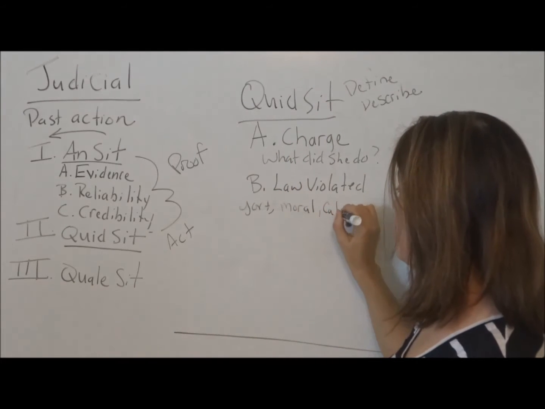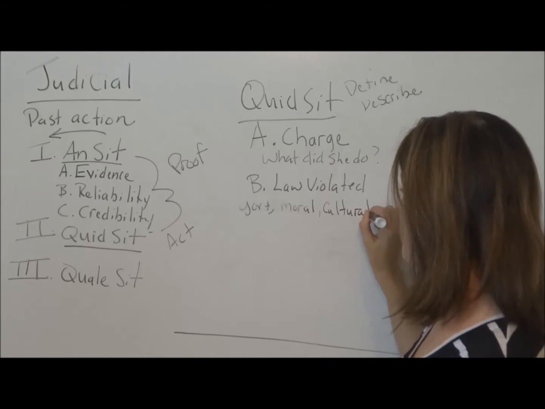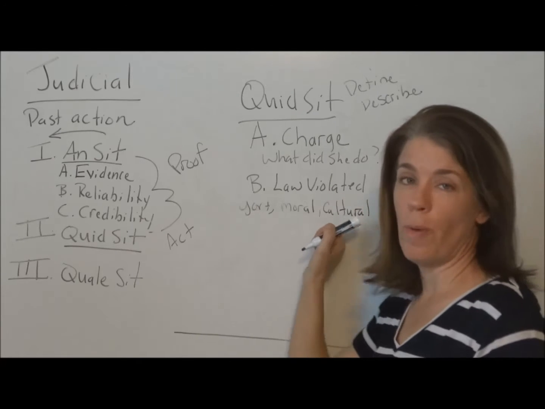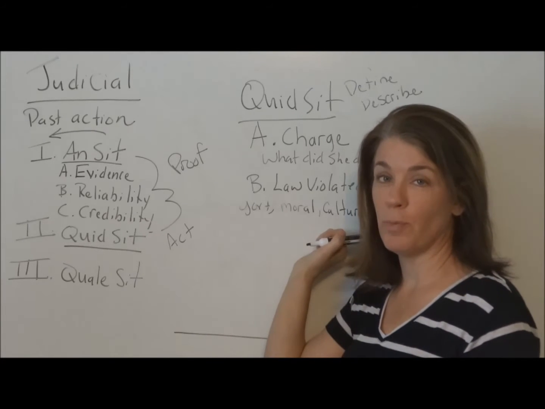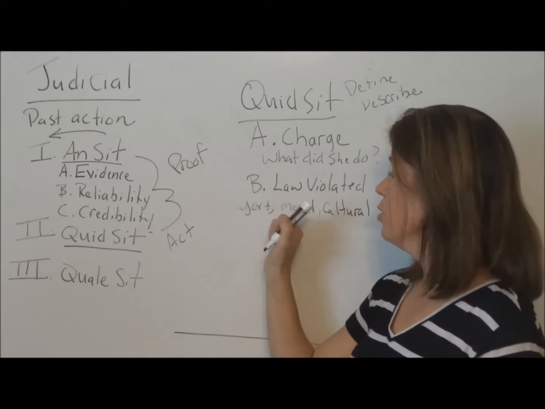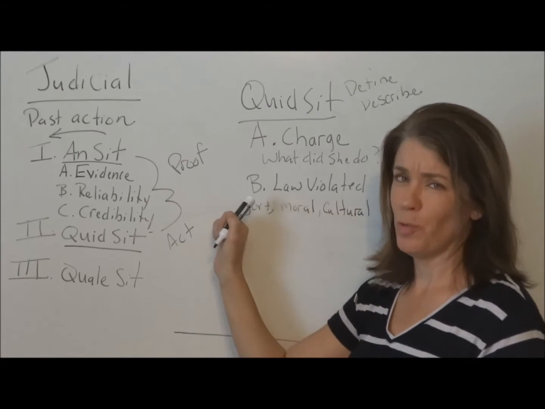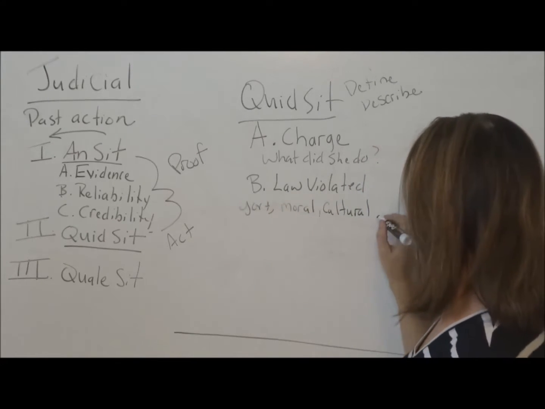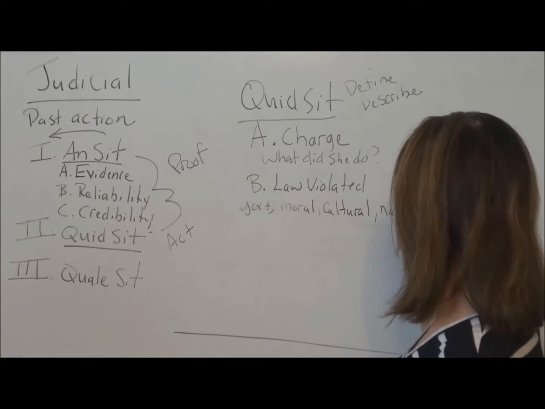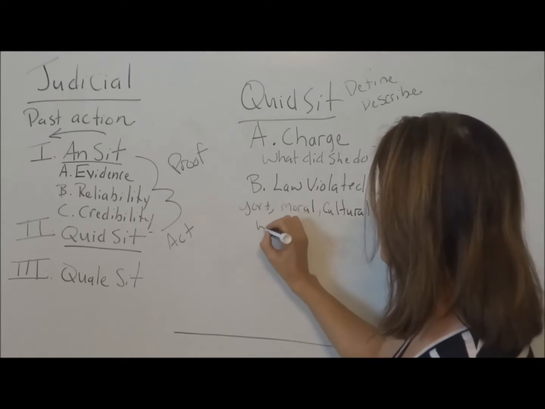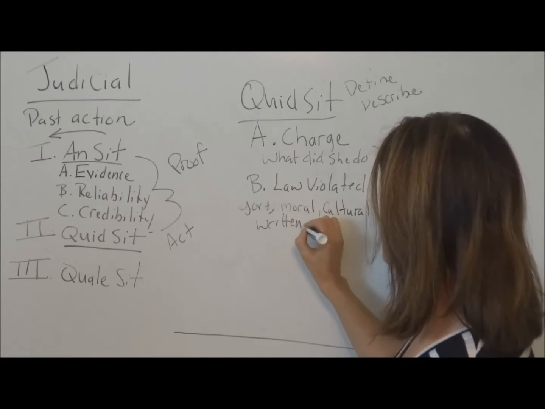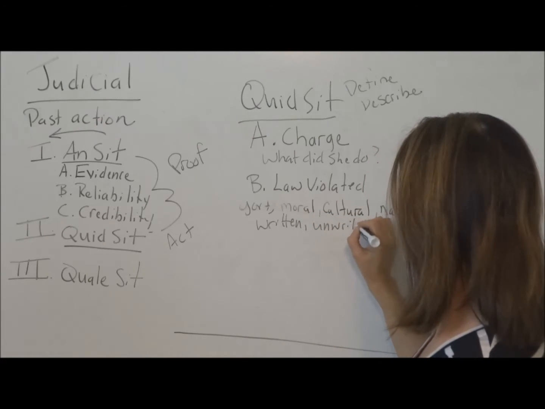Was it a cultural law? Is it cultural to obey your father in the time period when this book was written? Absolutely. And you might argue that it was moral too, but it certainly wasn't a government law. Or was it a higher natural law? And is it a written or unwritten law?